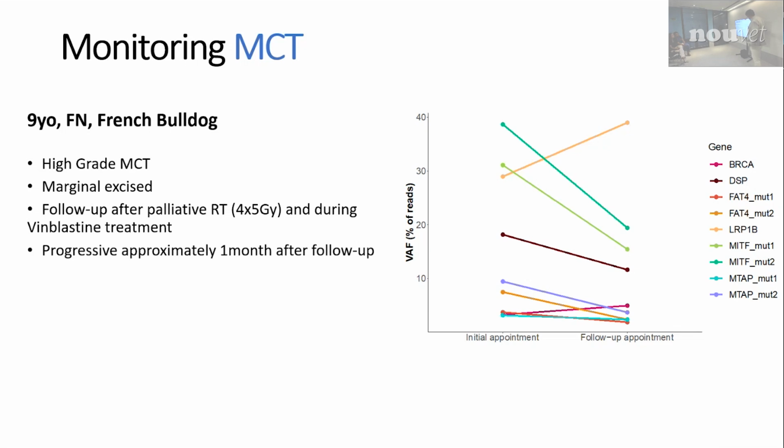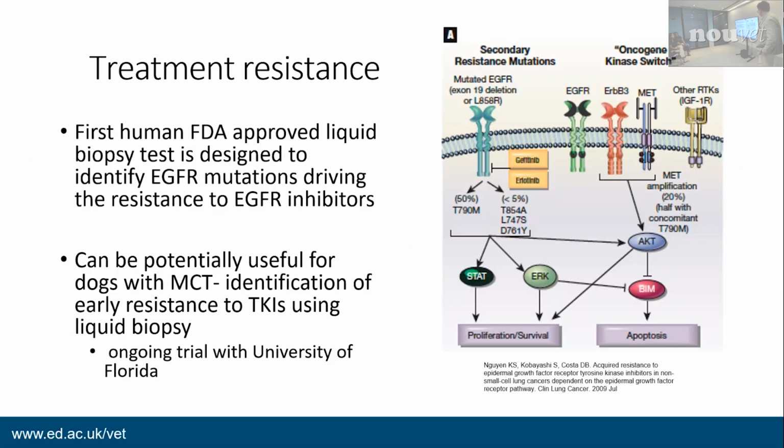But even at the follow-up after all these treatments, you can clearly see that from a molecular perspective, the treatment had a really minimal effect on most of the clones in the circulation, and some of them actually grew. One month later, the animal was progressive from a clinical perspective.